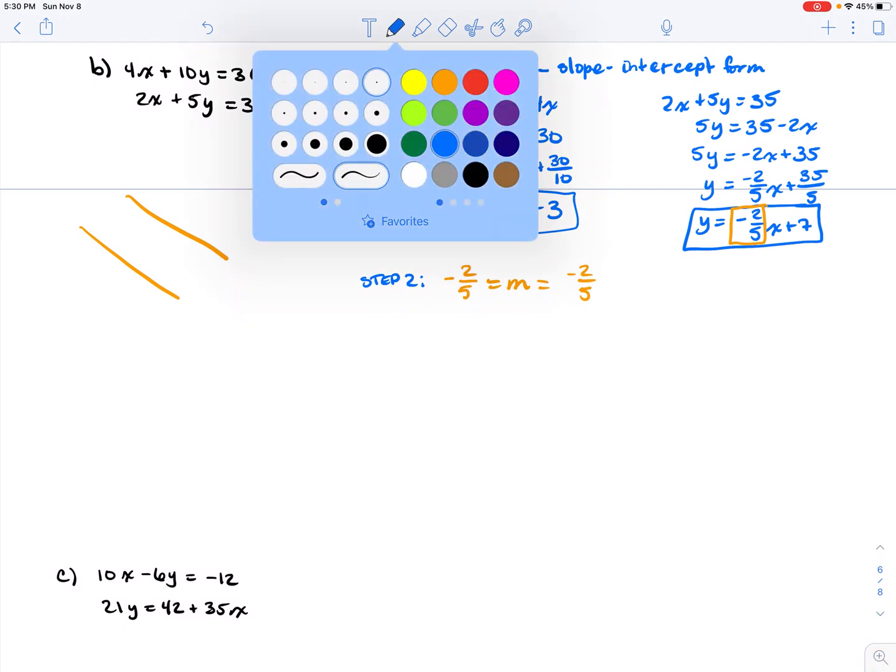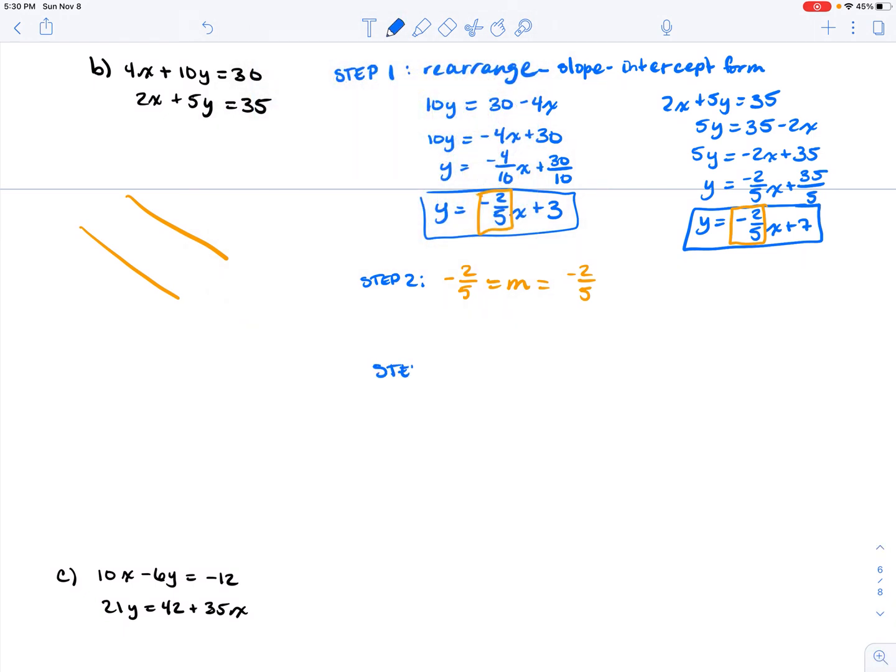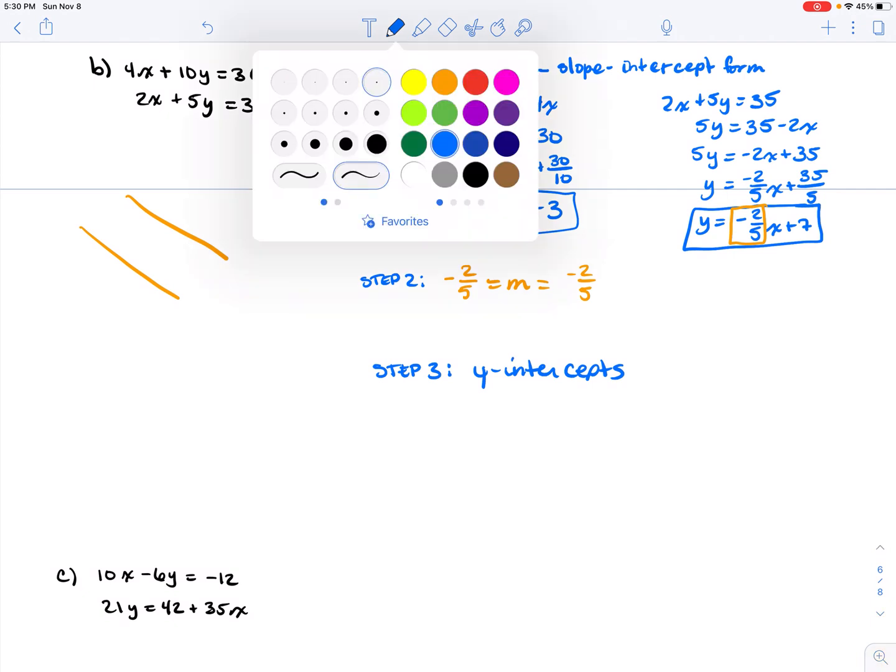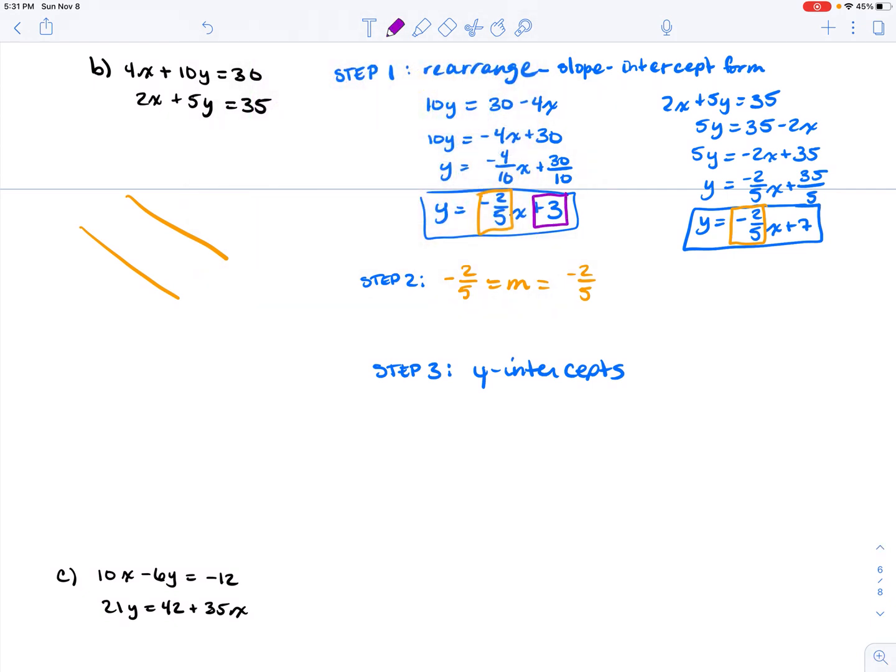Step 3, let's look at my intercepts. My y-intercepts, are they same or different? If I look at them here, I have plus 3 and I have plus 7. Well, they are different.